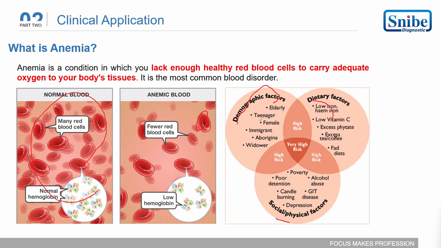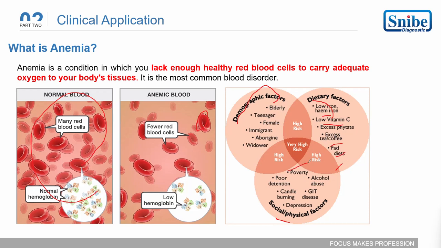And then females, teenagers, and elderly patients play a very important demographic role in having an anemic condition. If we talk about dietary factors, there are low iron, low heme iron, and low vitamin concentrations. There is also excessive tea, coffee, and a fat diet.